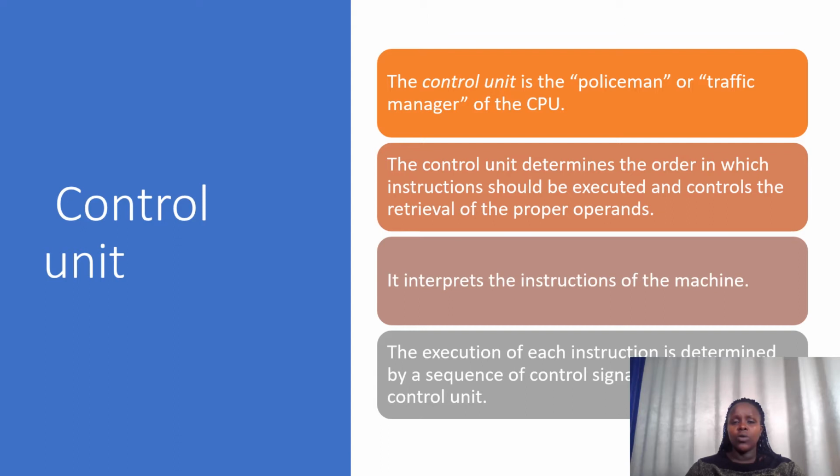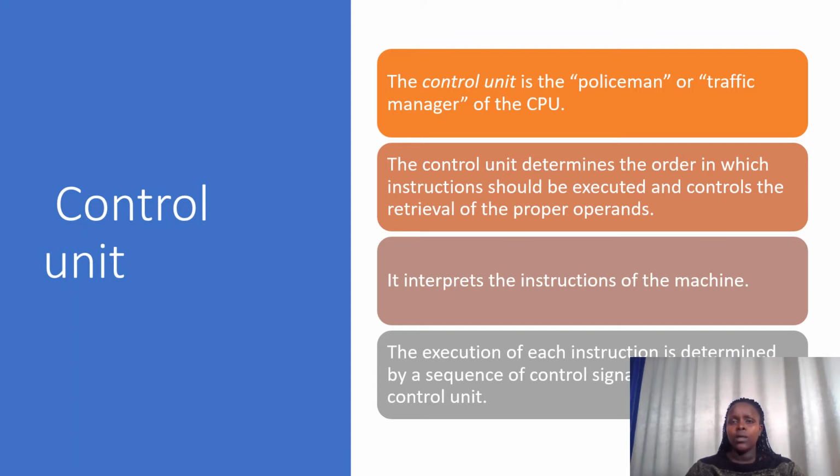The control unit is the policeman or traffic manager of the CPU. The control unit determines the order in which instructions should be executed and controls the retrieval of the proper operand. As I told you, the CPU is the heart of the computer.